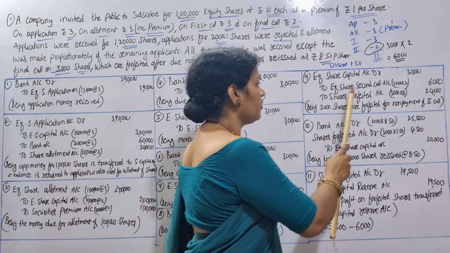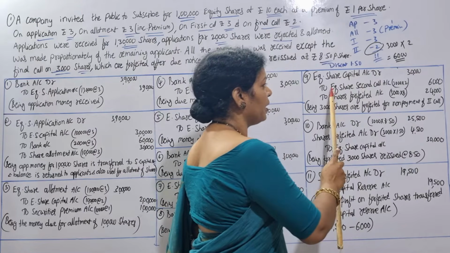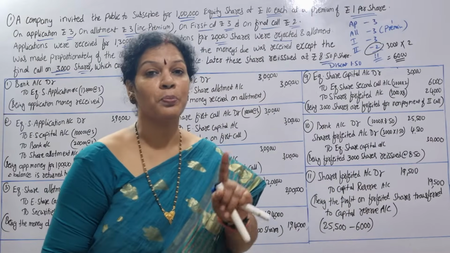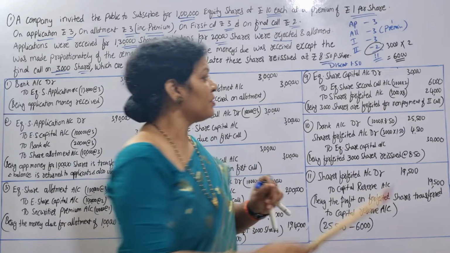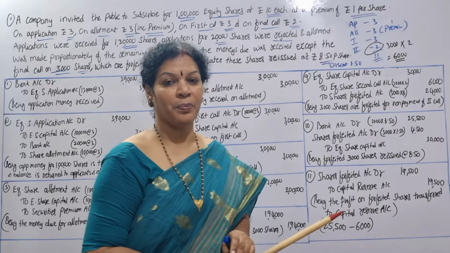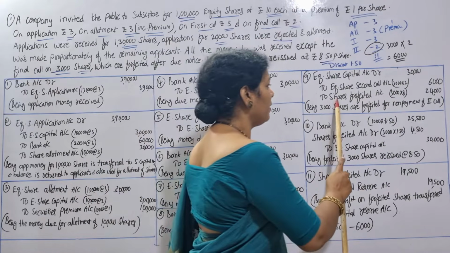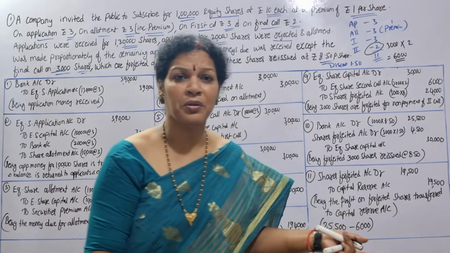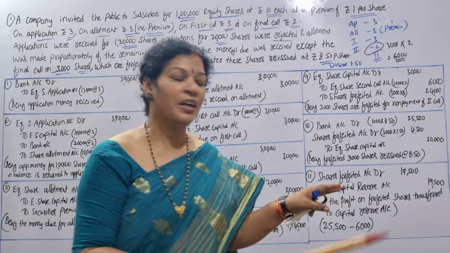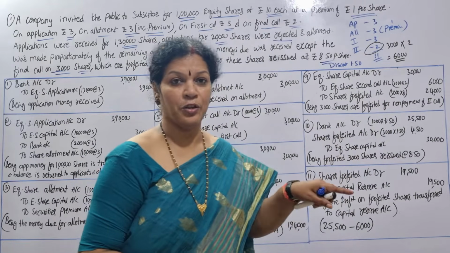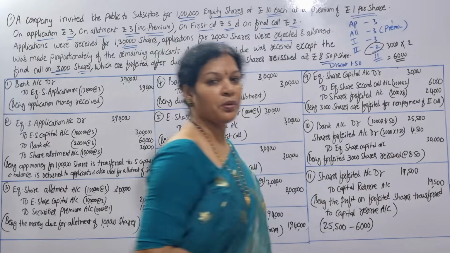The forfeited entry is here: equity share capital account debit to second call account. Second call is how much? 2 rupees on 3,000 is not paid. Already what they have paid and the company forfeited is shares forfeited, the rest of the amount. 2 rupees not paid, the company has forfeited 3,000 into 8, the rest of the amount, 8 rupees, so it comes to 24,000.